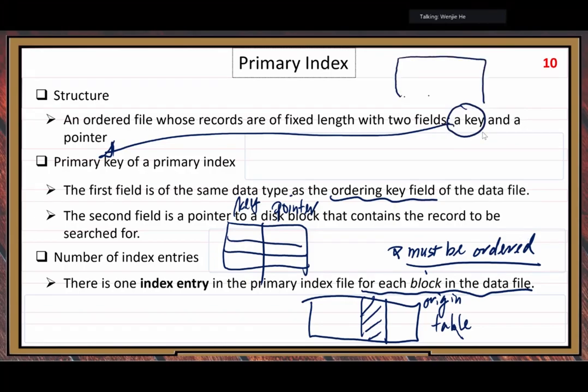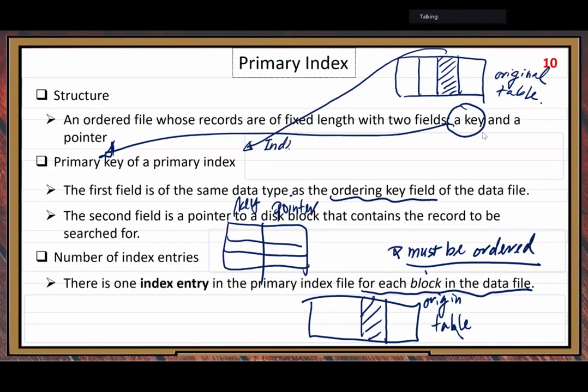This is the original table, and there are many fields in the original table. In order to do search, we need to provide a search key for a specific field. So this field is the indexing field.